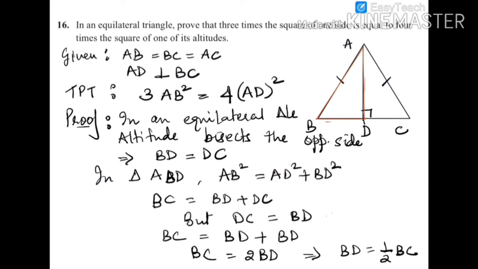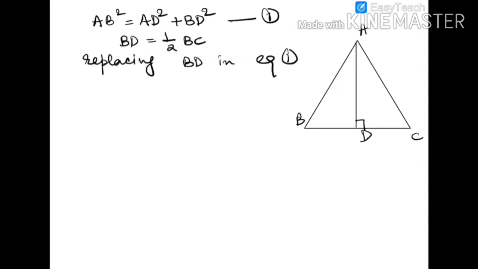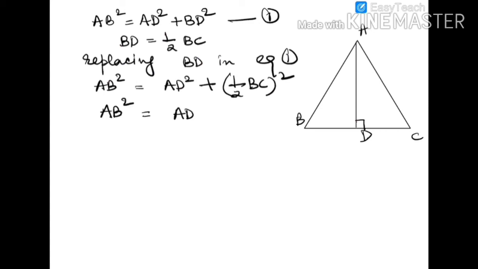So now we are going to replace BD in equation 1. We will get AB square equal to AD square plus half BC square. So AB square equal to AD square plus 1 by 4 BC square.